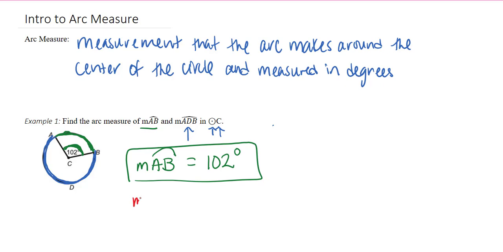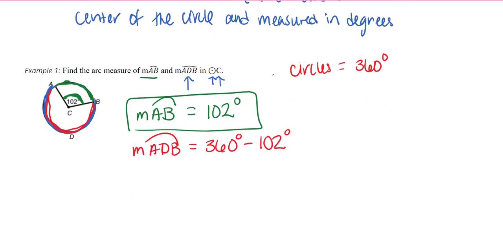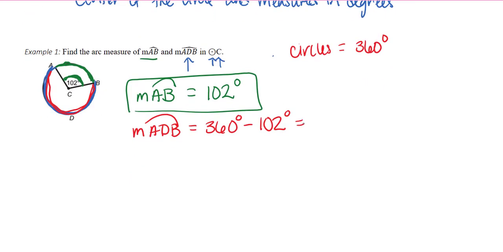Now let's look at it from this side. So if we have a circle, circles or anything that goes fully all around is measured in 360 degrees. So the other measurement that we would find would just be 360 minus 102, and that would give us the arc measure.